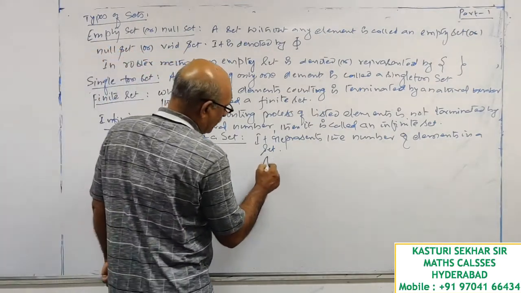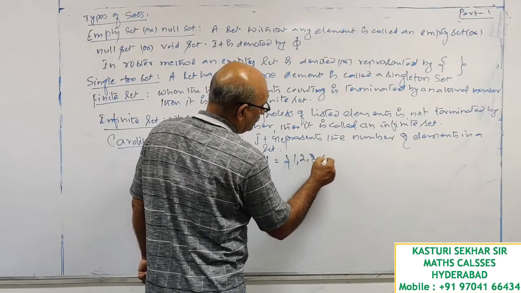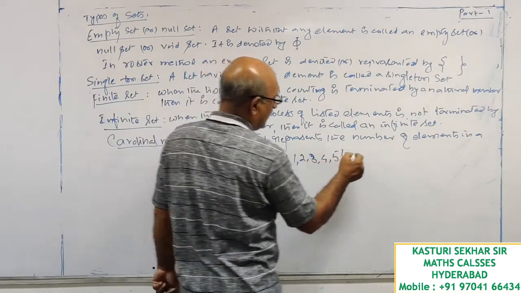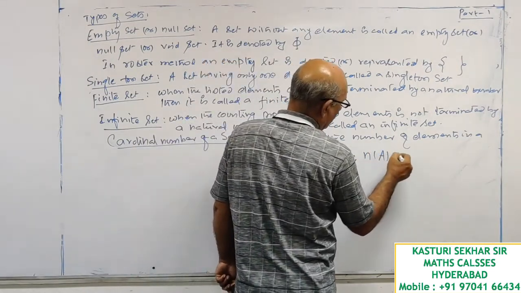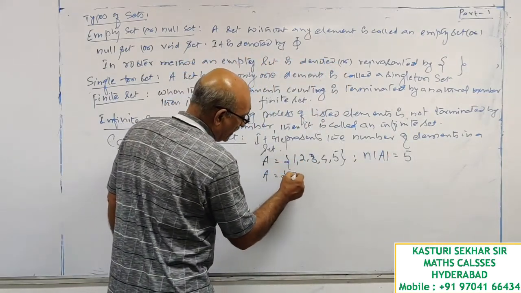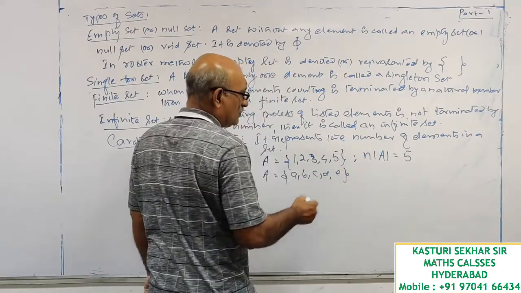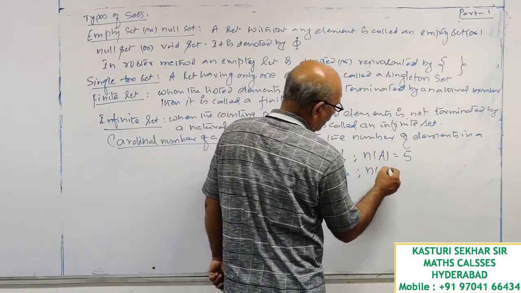Look at this. Suppose a set is having 5 elements, then its cardinal number is denoted by n of A is equal to 5. One more example, set A is having 5 alphabets, then n of A is equal to 5.